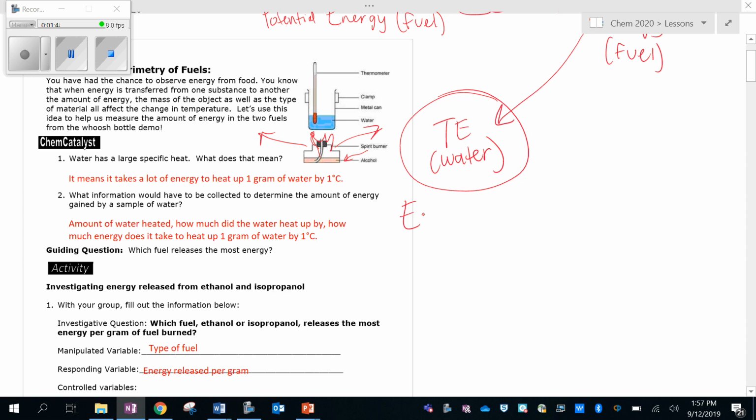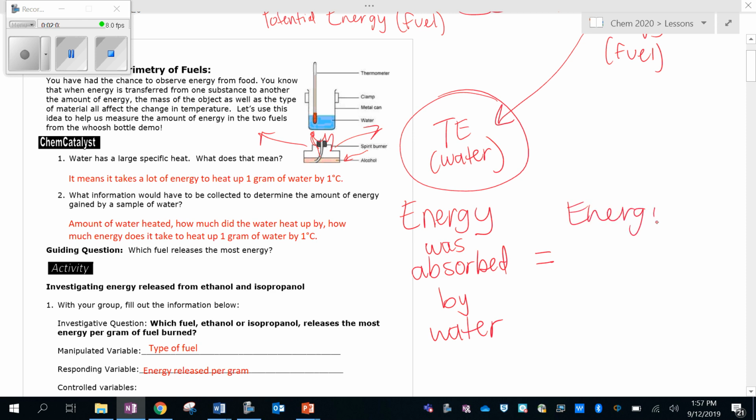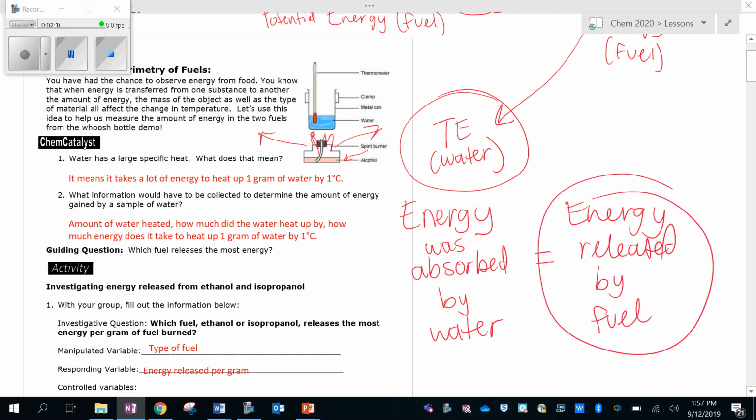So I'm going to write that out. If we can calculate how much energy was absorbed by the water, we can make the assumption that that is equal to the energy released by the fuel. And that's a huge start to getting toward the energy released per gram.